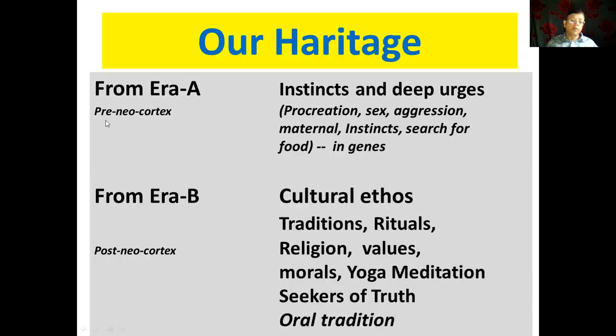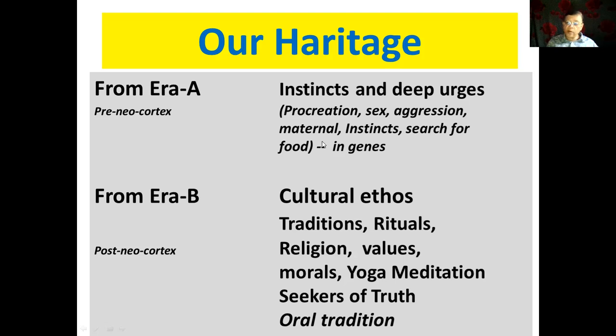So era A is really called pre-neocortex, because in the last lecture we talked about the brain getting the neocortex. Before the neocortex developed, we have era A, where there was no language. But what developed in this era was instincts and deep urges: procreation, sex, aggression, maternal instincts, search for food.